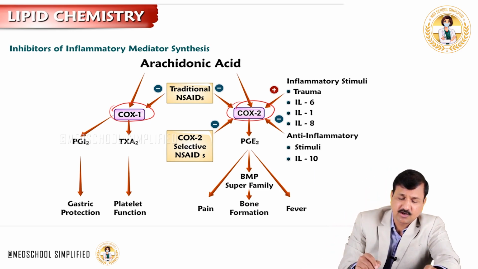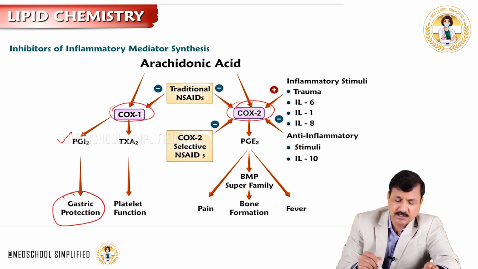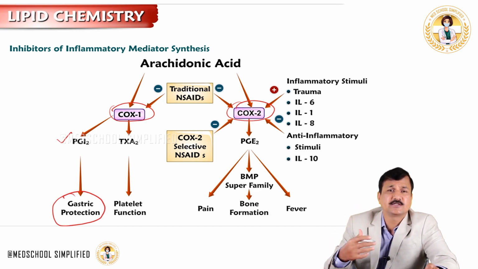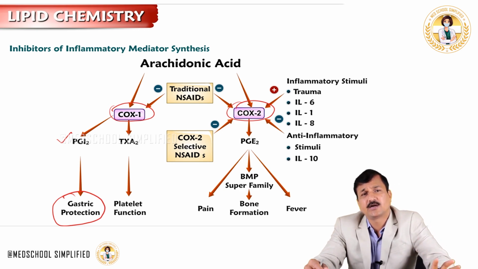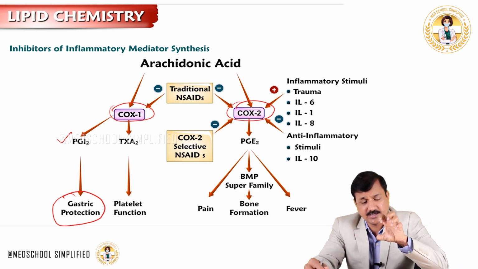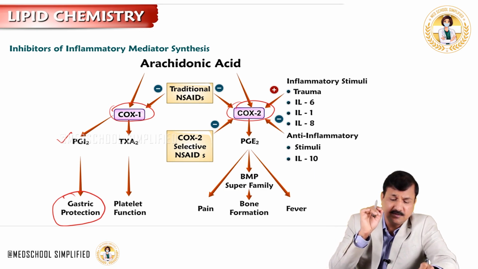Like as shown here, COX-1, by increasing PGI2, prostaglandin I2, causes gastric protection by controlling gastric secretion, especially hydrochloric acid, and bicarbonate, and mucus secretion is done here. Thereby gastric protection is done by COX-1 through PGI2.